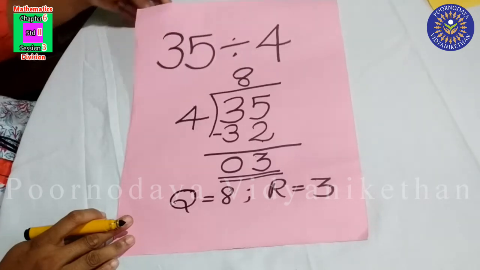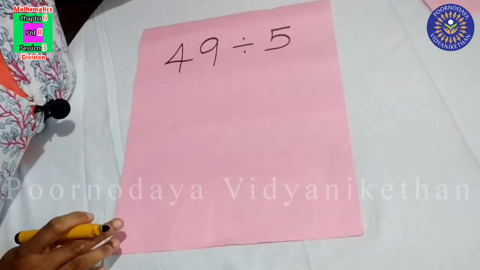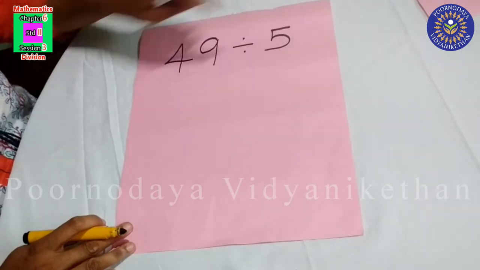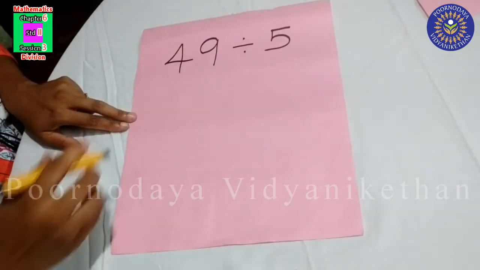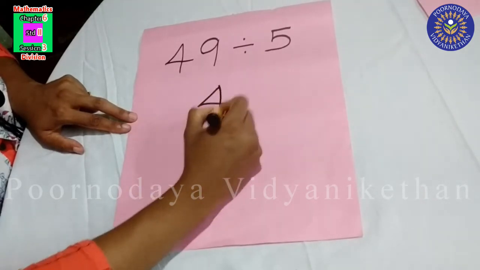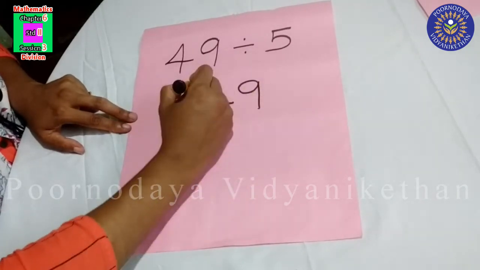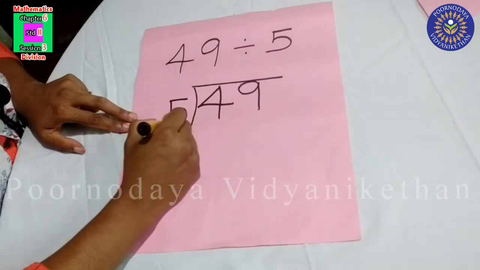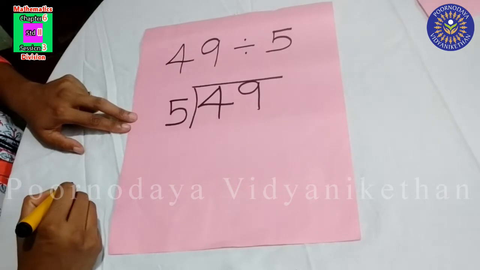One more example. 49 divided by 5. How can we divide this? Yes, 49 divided by 5. This is the long division method.